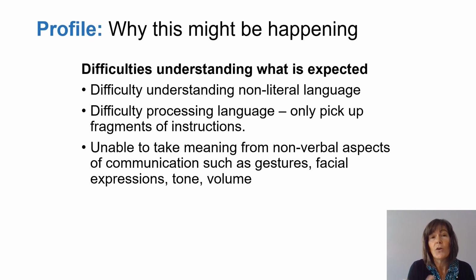And is that because they just aren't able to process it properly? That it's too difficult for them? Is it that they haven't heard the vocabulary before and so they're not understanding? Or could it be that they are having difficulty understanding the non-literal language that is being used?